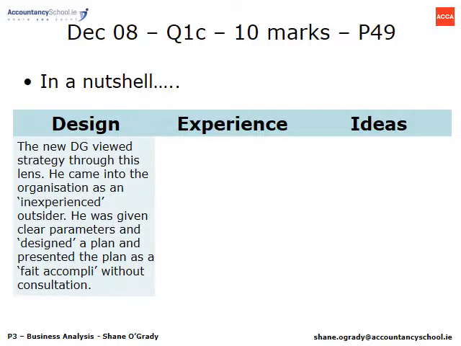So the first thing is, we're talking about a museum, if you get a chance to read this case study, and a new Director General was effectively imposed on the museum because the government, which had previously 90% funded the museum, was dramatically reducing its funding. And the Director General looked at strategy through very much a design lens. So he had been given a set of parameters.